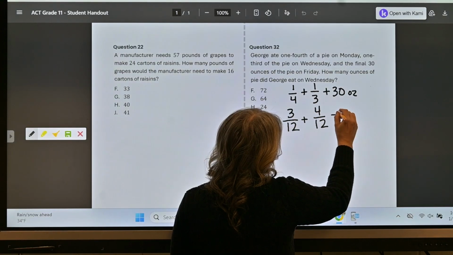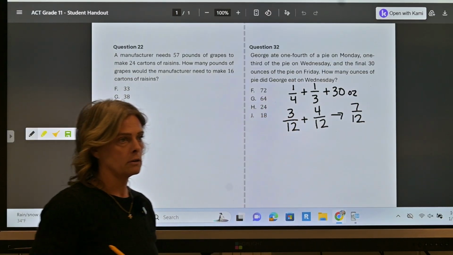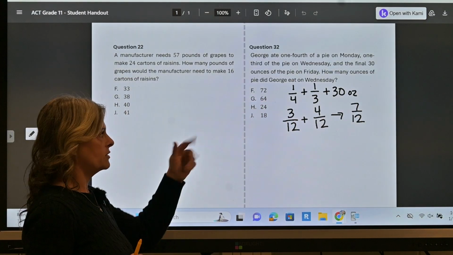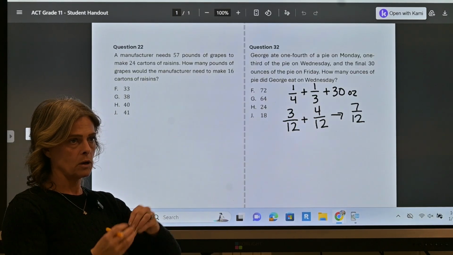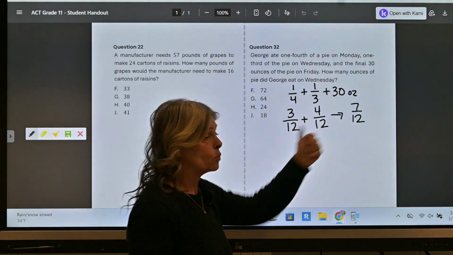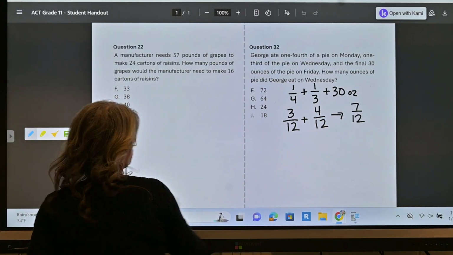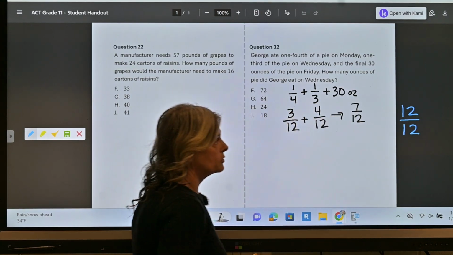So that is 7/12. How many twelfths do I have left over? That's 7/12, right? What's a whole? How many 12s? 12, yeah. So if I have 12 over 12, look, 12 over 12 is a whole. Okay, 12 over 12 is my whole.